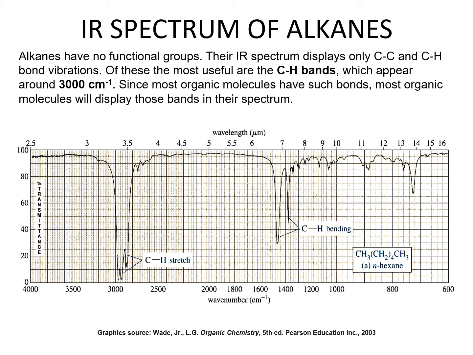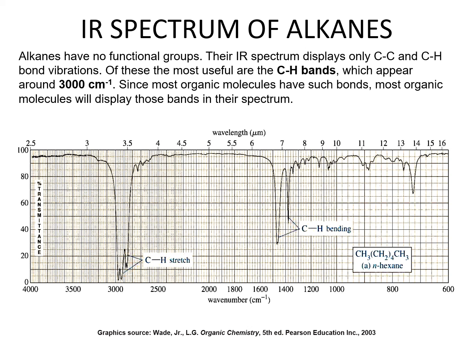If you take a look at the spectrum below for n-hexane, you will see the CH stretch of this alkane has absorption at a range between 3000 to 2700.